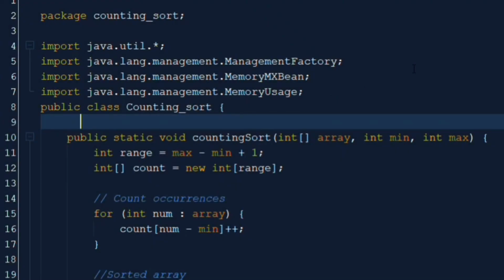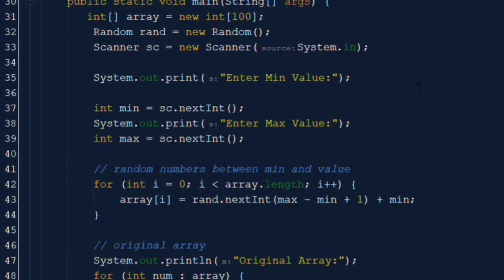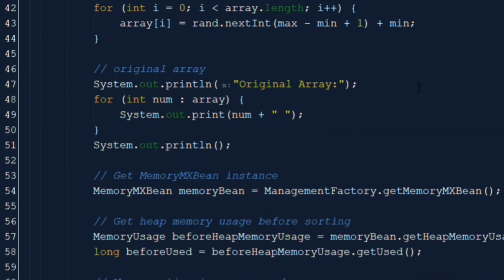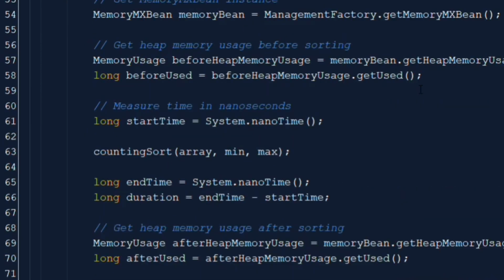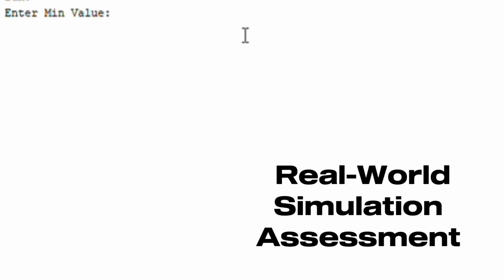So let's discuss it. In this Java code, we created a counting sort algorithm which measures the execution time and the memory used. This is based on our real-world simulation, which measures 100 datasets, or 100 students, who entered their exam scores.